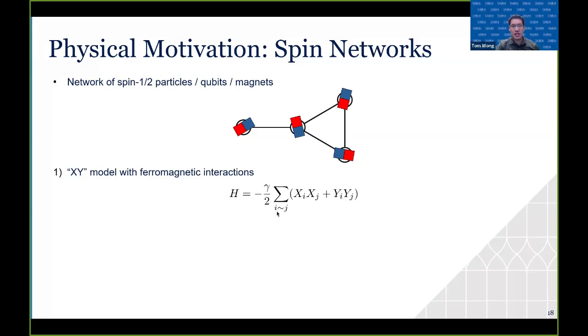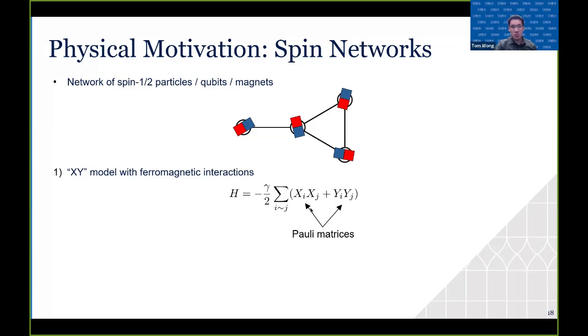And then what we're doing is we're summing over all pairs of adjacent vertices. So we're summing over this pair of vertices 1 and 2 that are adjacent, vertices 2 and 3, vertices 2 and 4, and vertices 3 and 4. So we're summing over all of the pairs of adjacent vertices. And for each of those pairs, we have in our Hamiltonian these Pauli matrices acting on each vertex.